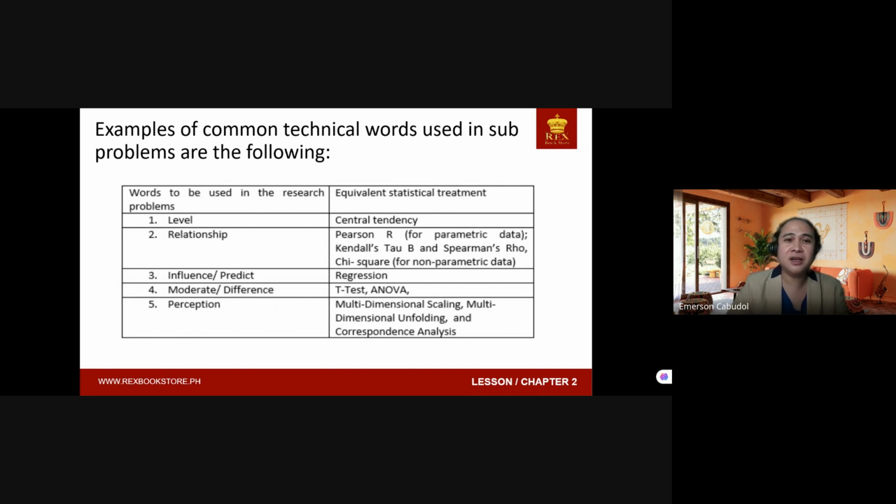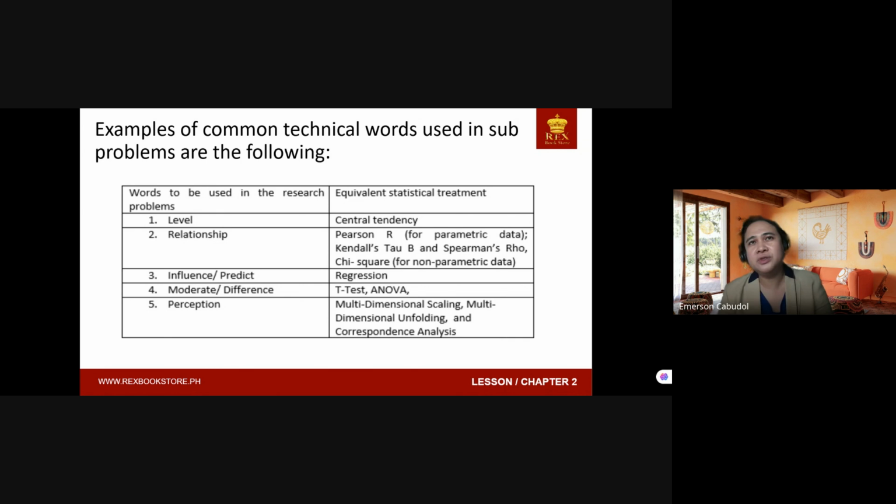Examples of common technical words used in subproblems are the following. We have words to be used in the research problems, and the equivalent statistical treatment. For example, if we're looking for the level, then measures of central tendency will be used: mean, median, mode. Relationship, then we use Pearson r for parametric data; Kendall, Spearman's rho, chi-square.